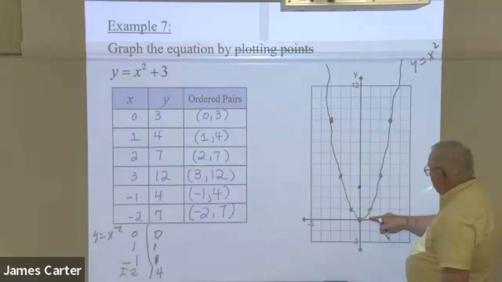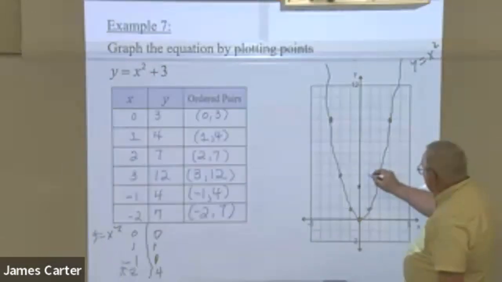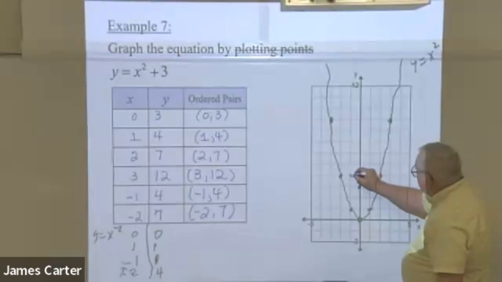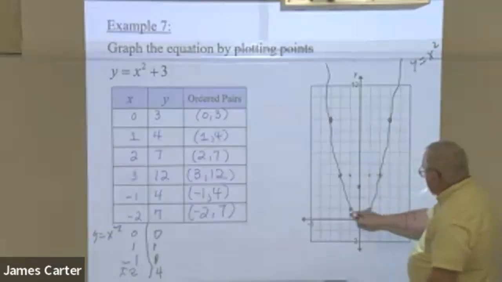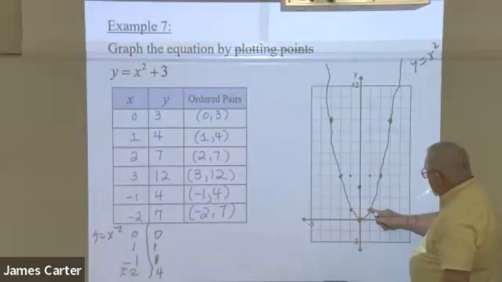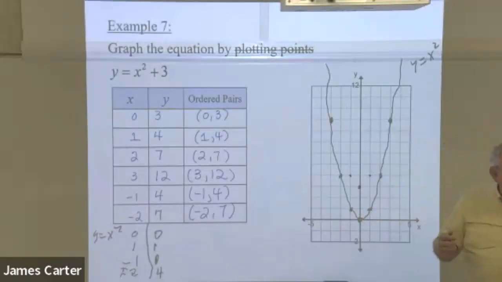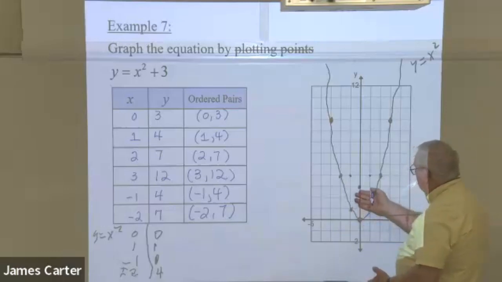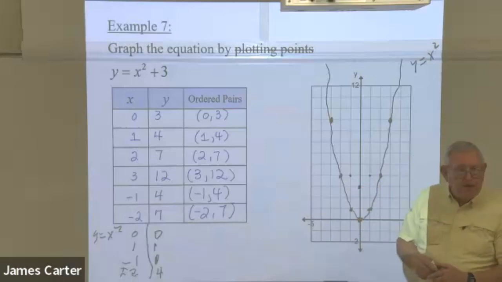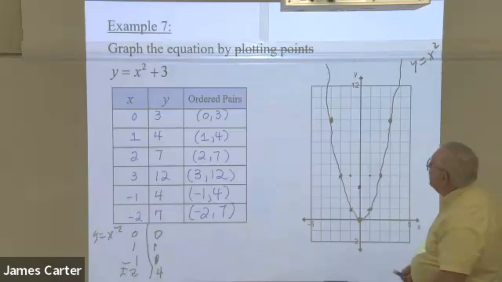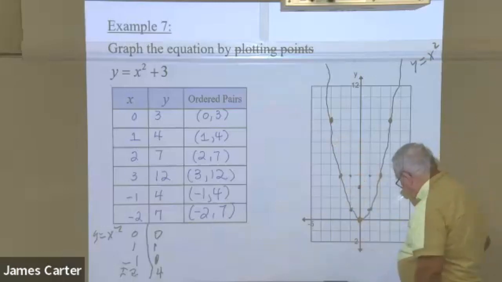Over 1, up 4. And the next one will be here. Notice how I went over 1, up 1, over 1, up 1. This has the same format as the original, except it's all moved up 3 places. And that's what that plus 3 does.